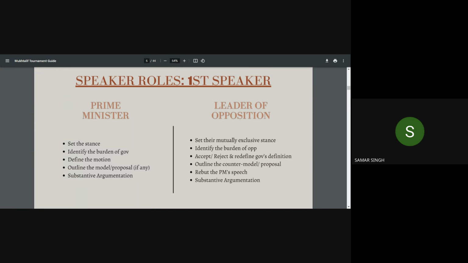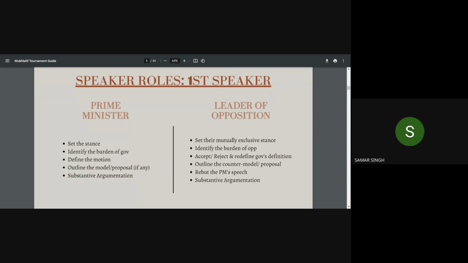Yes, Corey? How exactly can we rebut the Prime Minister's opinion? Where in the speech? At any point of our speech. Let's say I am the leader of opposition, we can start with the rebuttal, right? Yes, we can start with the rebuttal. There's no order for the speech.